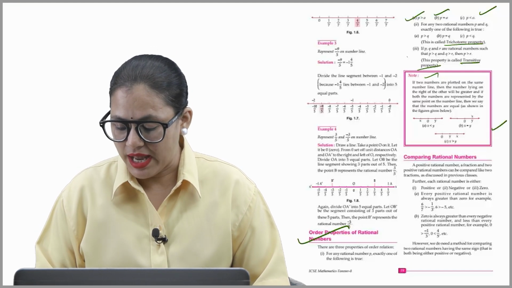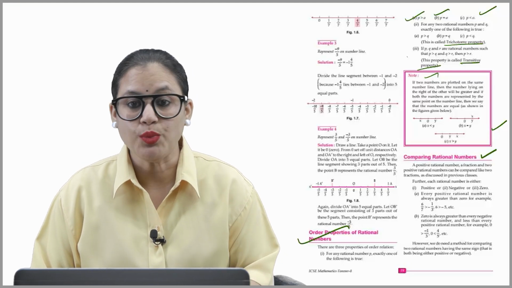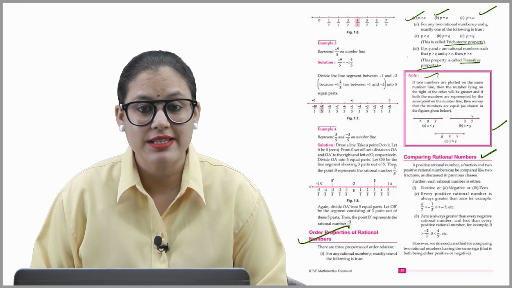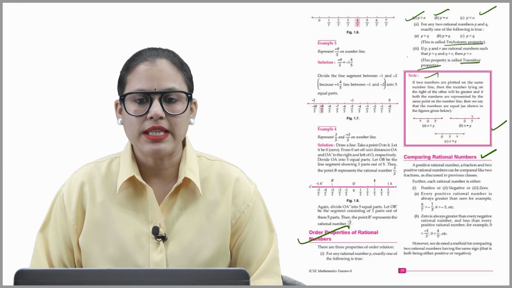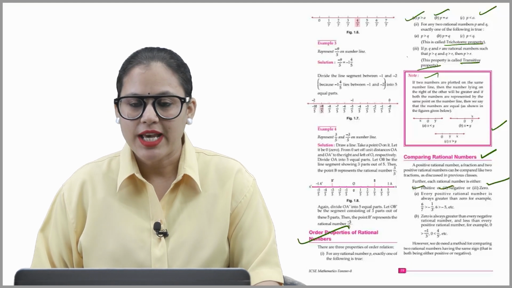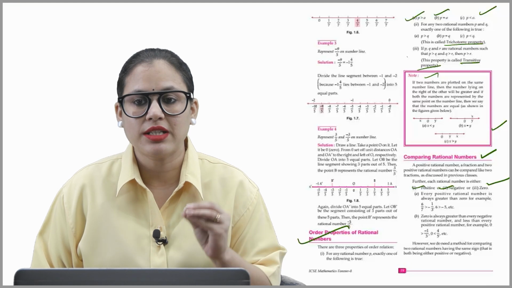Now, comparing rational numbers. A positive rational number is a fraction, and 2 positive rational numbers can be compared like 2 fractions, as discussed in previous classes. Further, each rational number is either positive, negative, or 0. So every positive rational number is always greater than 0.